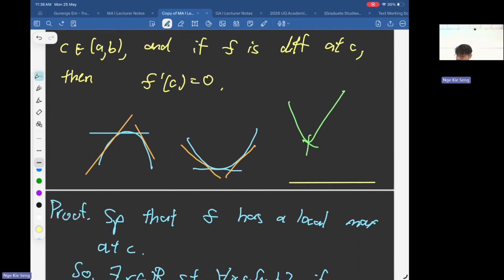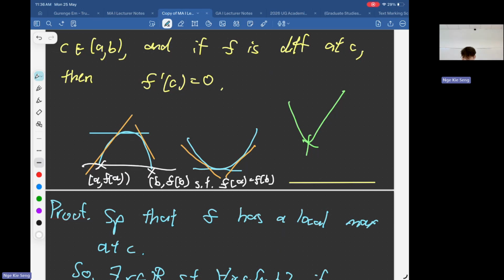So if your endpoints are the same, maybe this one is a, f(a), and this one is b, f(b), such that f(a) equals f(b). If your function is differentiable, then there should be some point in the middle here that has derivative 0. Some point. It doesn't say one point, two points, three points, it can be multiple points.